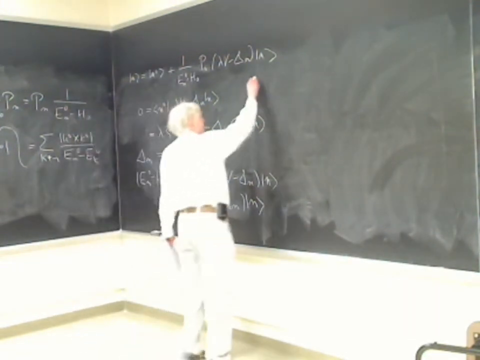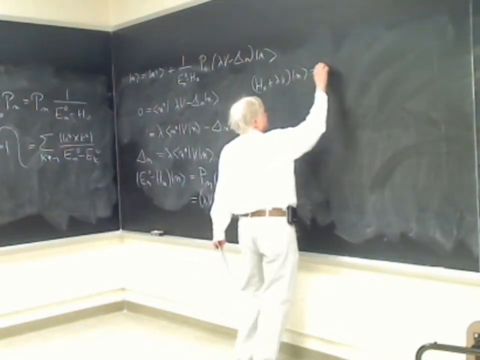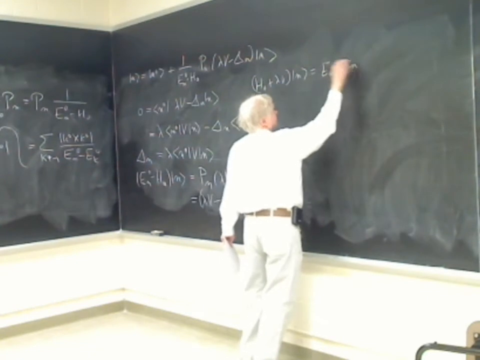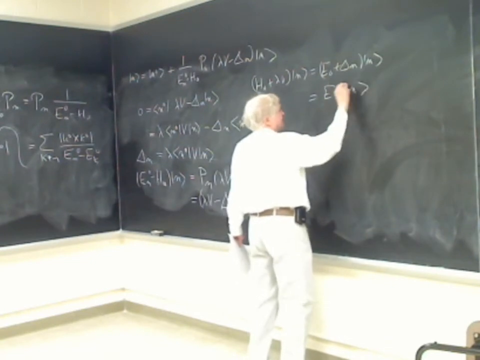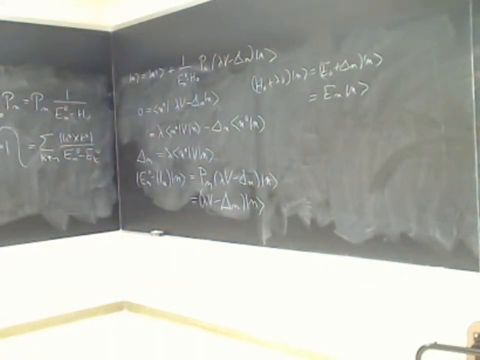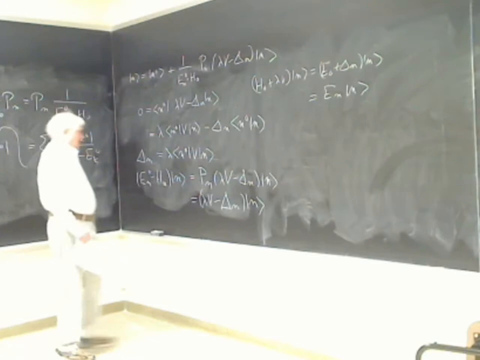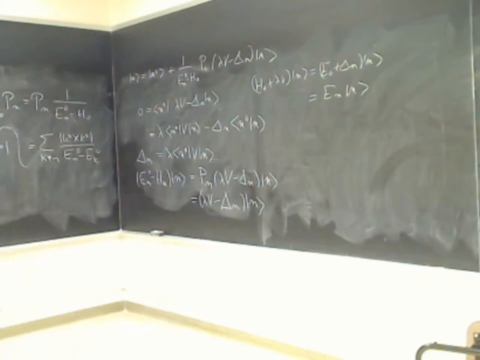H0 plus lambda v on n is equal to E0 plus delta n, which is to say equal to En. So indeed, if we solve this equation, we have a solution. We have an eigenstate of the Hamiltonian, not normalized, but normalization is always a trivial thing to do by comparison with everything else.